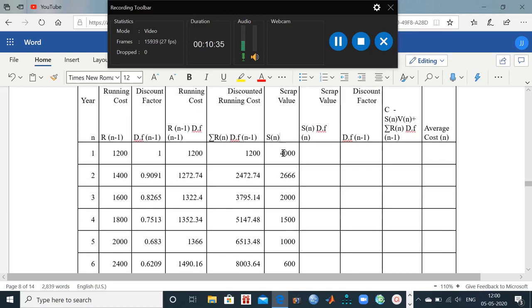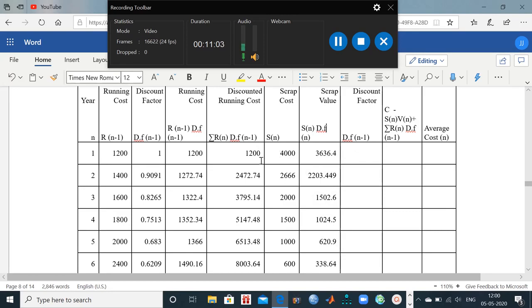But here what I do is I multiply this 0.9091 by 4000 because it's just a shift up. 0.8265 into 2666, 0.7513 into 2000, 0.683 into 1500 and so on. So if we do that, we should be having this as a scrap value which is discounted.